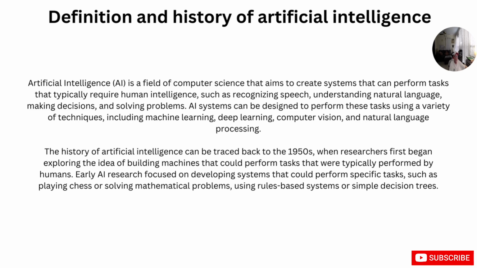Early AI research focused on developing systems that could perform specific tasks, such as playing chess or solving mathematical problems, using rules-based systems or simple decision trees.